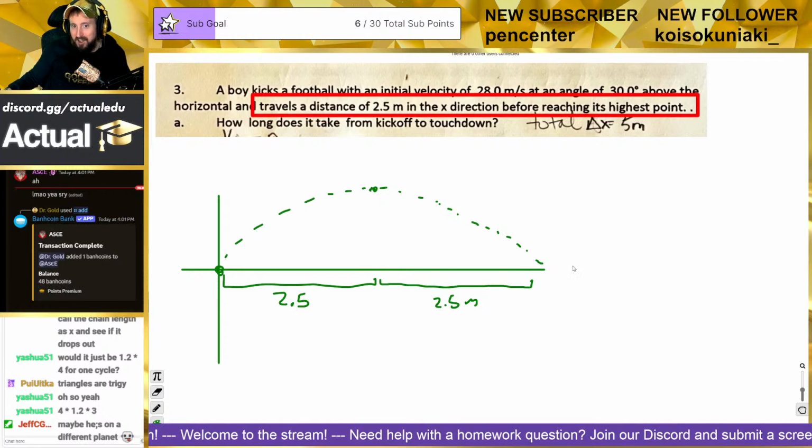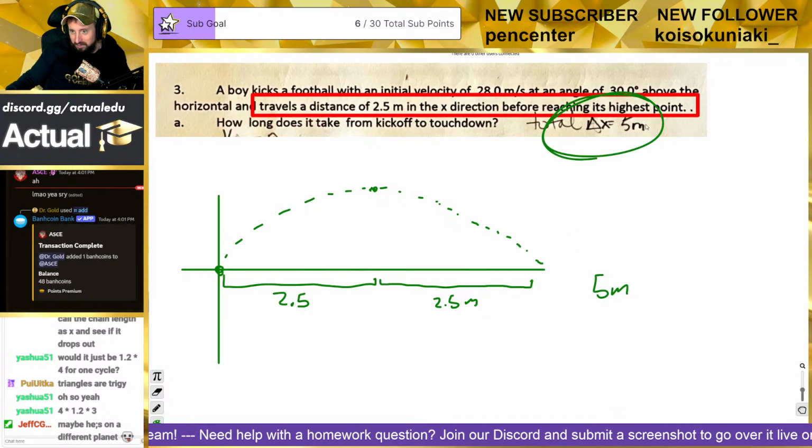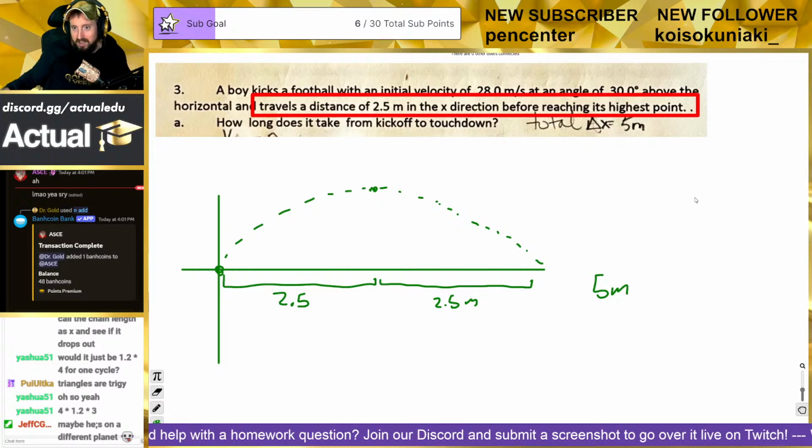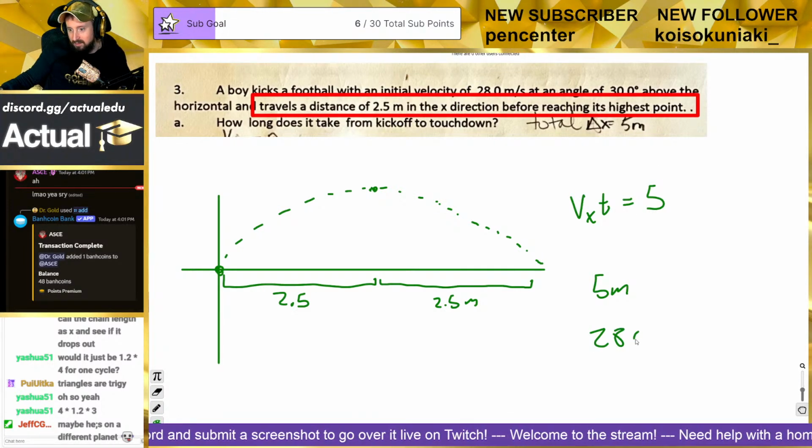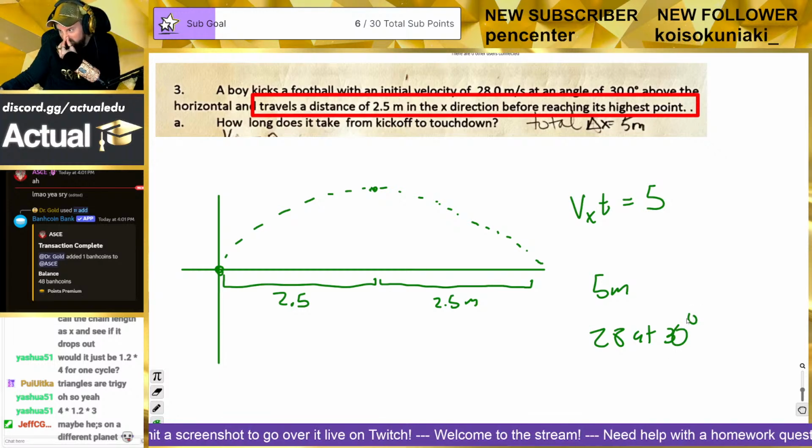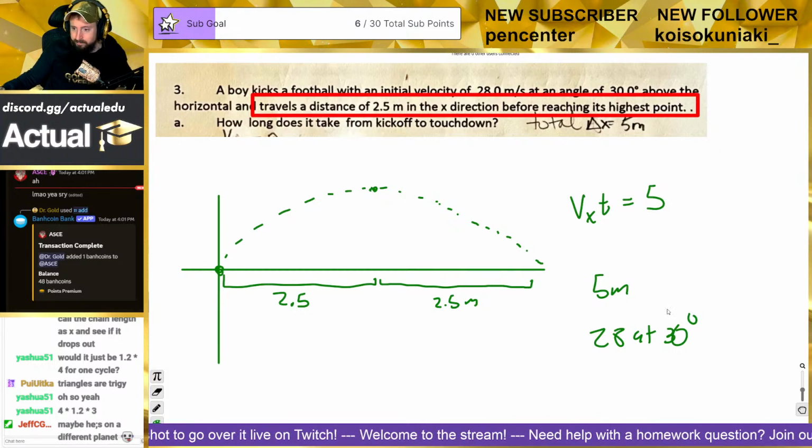Yeah, okay. So you could be like, okay, cool, it needs to go 5 meters, right? And that's what they figured out. Total is 5 meters. To figure that out, Vx times t has to be equal to 5. And if it's 28 at 30 degrees, that means Vx is equal to 28 cosine of 30.